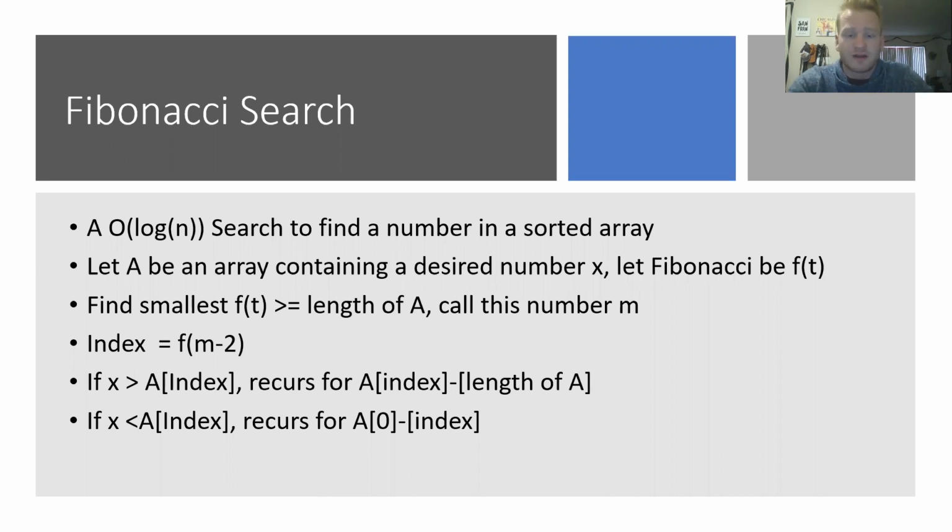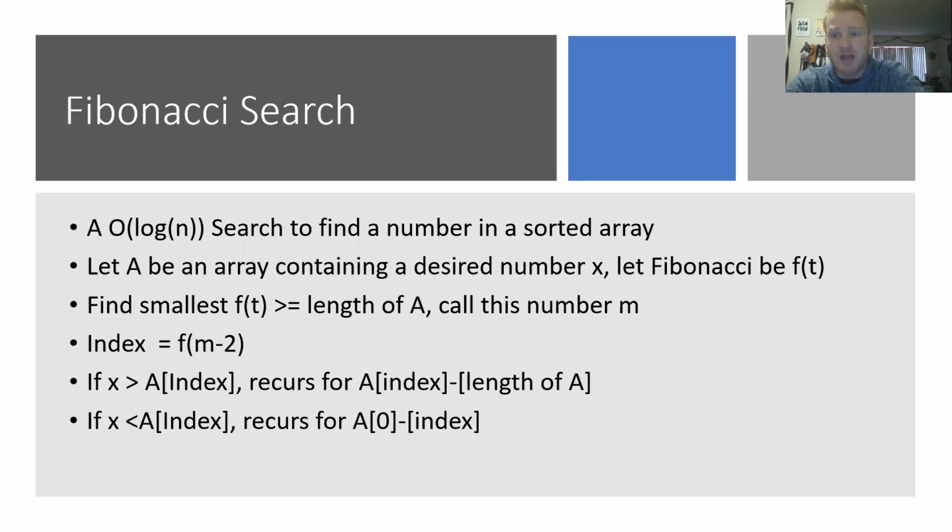And you let the Fibonacci sequence be defined, in this case, by f of t or f of anything. You basically find the smallest Fibonacci number that is greater than or equal to the total length of the array. For this purpose, we're going to call that number m. Then we set an index in the array at the Fibonacci number that is 2 behind the one that we found at m, so f of m minus 2.